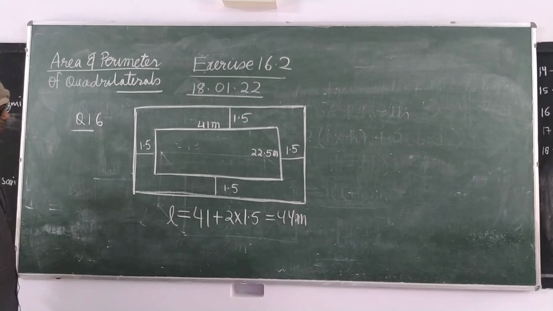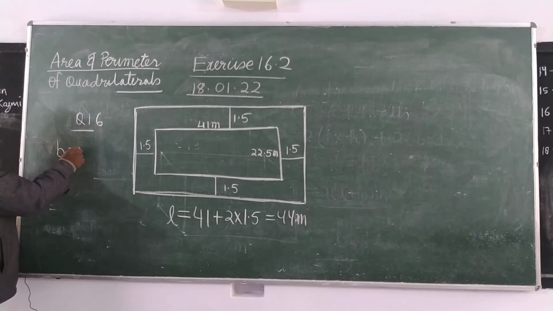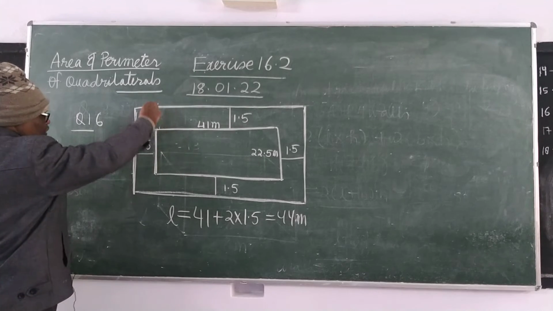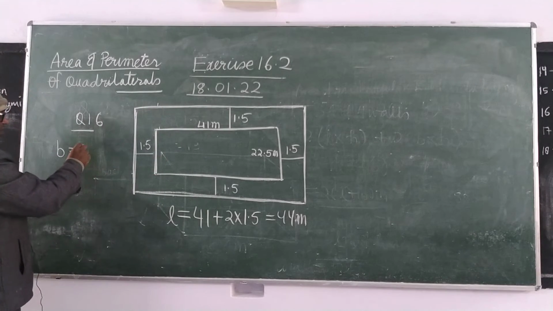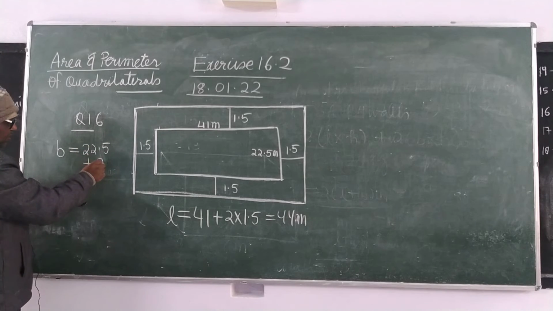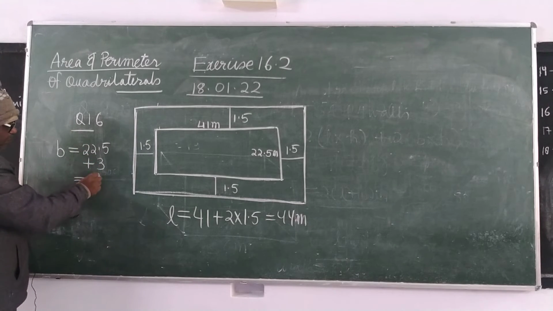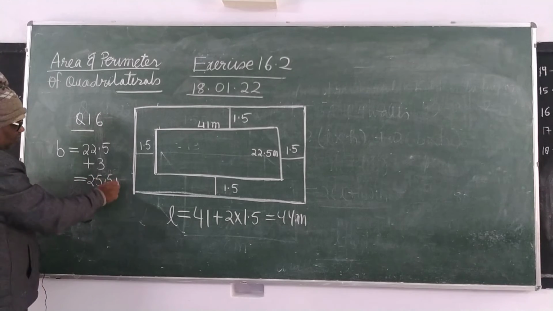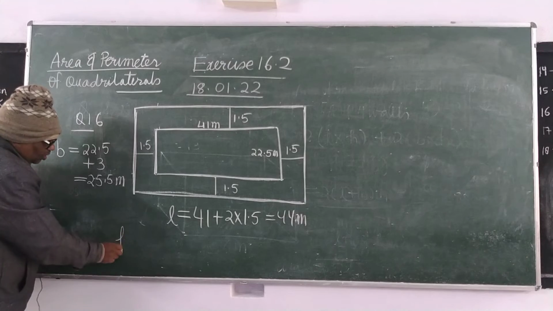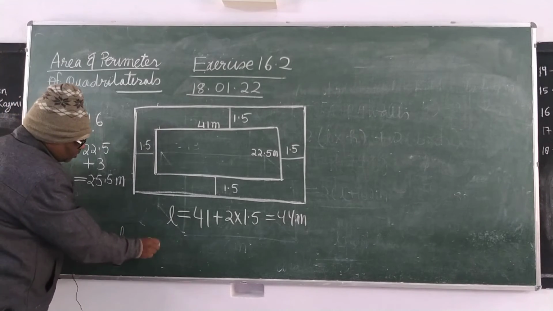Similarly, what will be the breadth? So breadth will be 22.5. 1.5 you add on this side, 1.5 on this side. So 22.5 plus 3, that is 25.5 meter. What is the height of boundary wall? It is 2 meter.